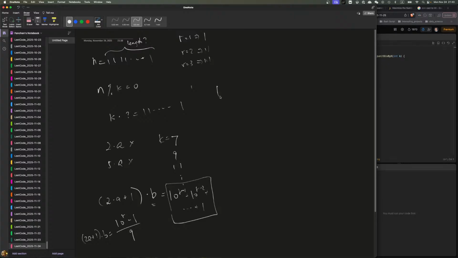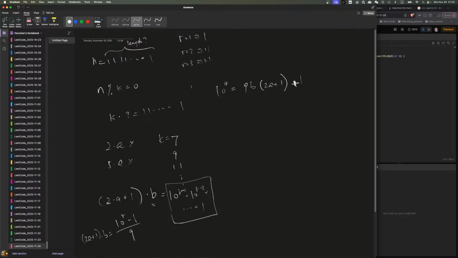So 10 to the r equal to 9b times (2a plus 1) plus 1, right? So we just want to know what's the minimum r that can make this one work. And to make this one work, b can be anything, a can be anything.